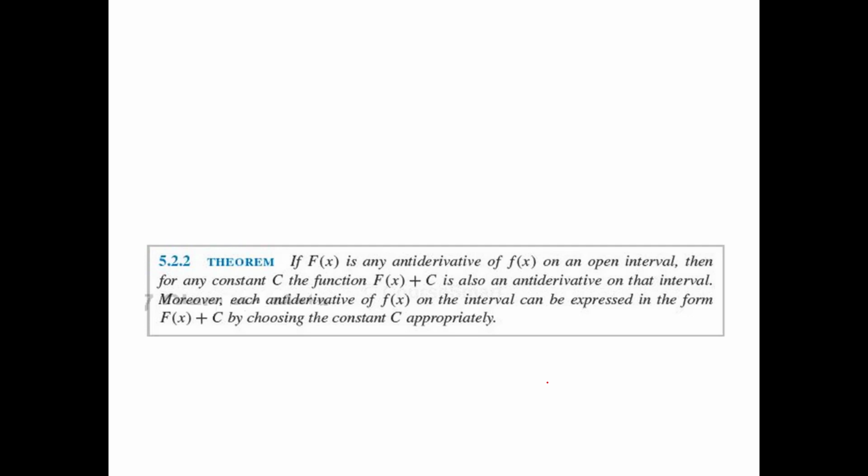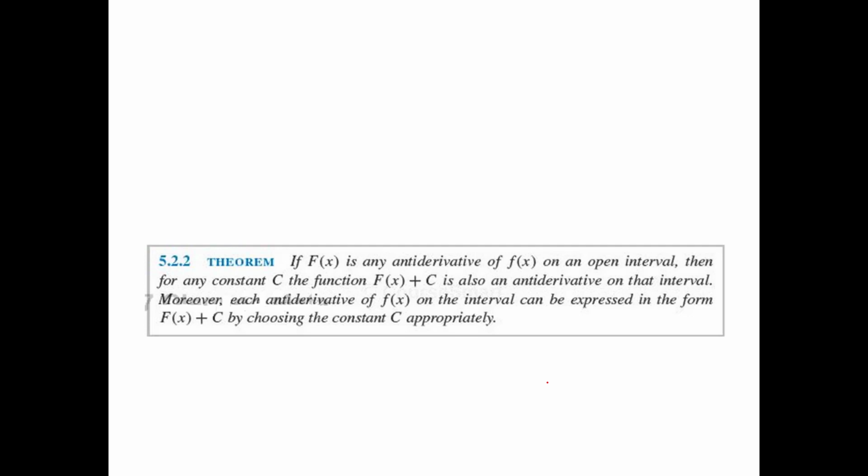So if F is an antiderivative, then the derivative of F of x plus c is also little f of x. So adding the c gives you a different function that also has the same derivative. But moreover, each antiderivative of f of x on the interval can be expressed in the form F of x plus c by choosing the constant c appropriately.